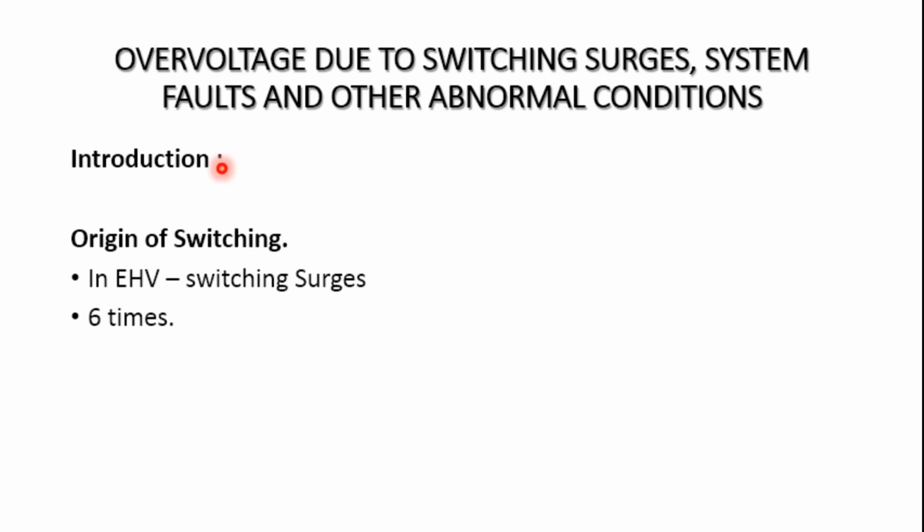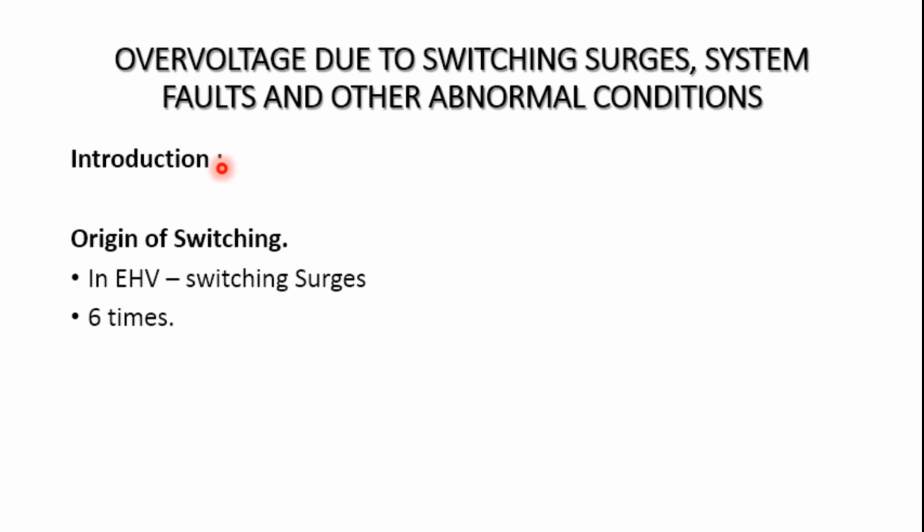So we give more importance to switching surges if the voltage is greater than 400 kV. And the second thing is, whenever an overvoltage is generated and lasts for a longer duration, it becomes severe and is more dangerous to the system.